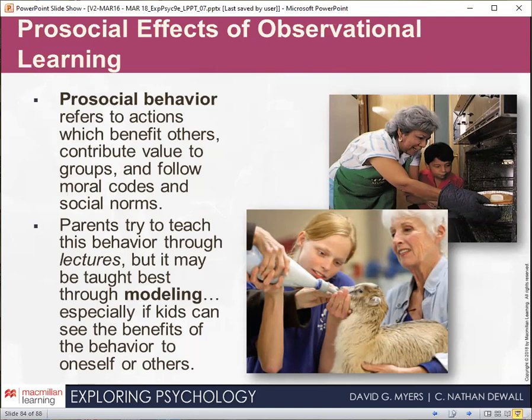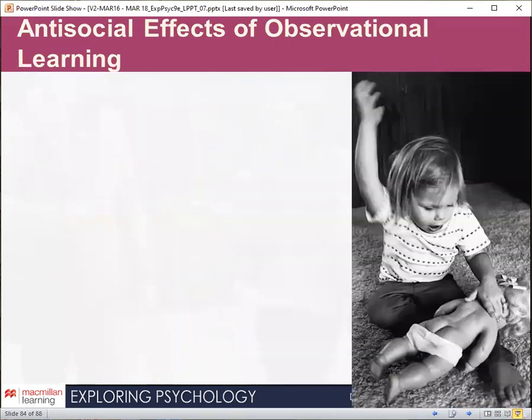So when you go to the soup kitchen as a parent and take your kids with you, you're modeling pro-social behaviors. They're more likely to give to charity and donate their time at soup kitchens and other things if they see this modeled in their house as they're growing up. And that's what the research shows as well.